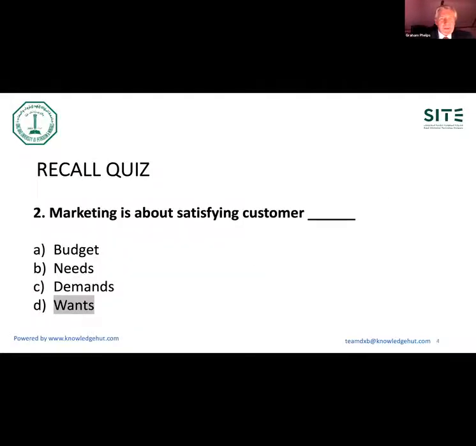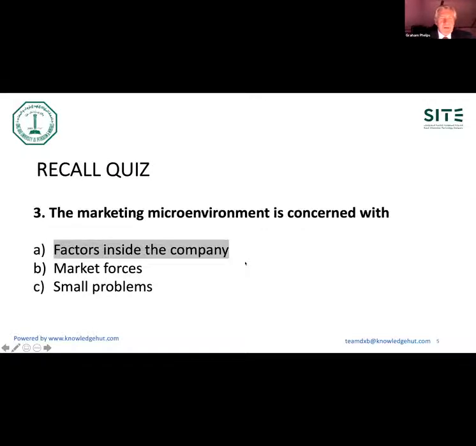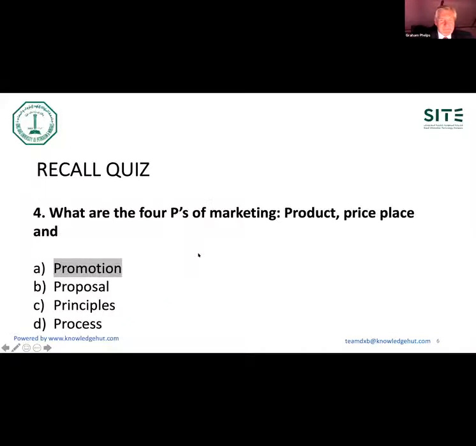Number two, marketing is about satisfying customer wants. A need and a want are two different things. And what we need to do in marketing is understand the preferences and the desires a customer has, and then satisfy those. The marketing microenvironment is concerned with factors inside the organization, and the macro, of course, is outside.